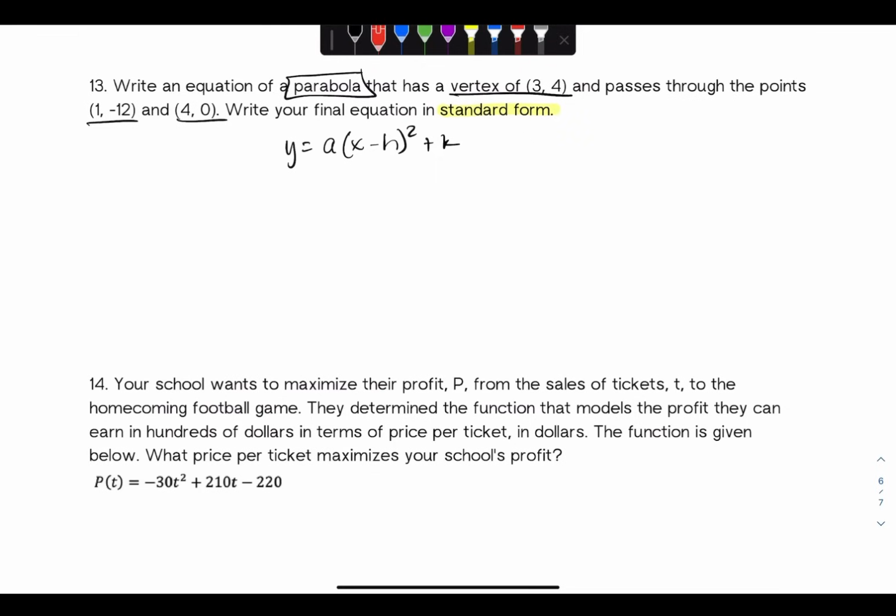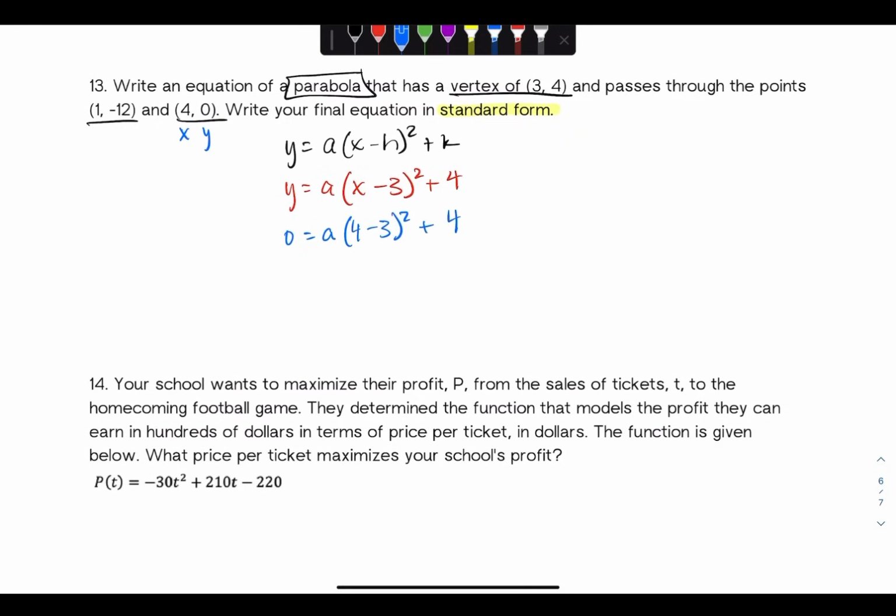So we have y equals, we don't know a, but we have (x minus 3) squared, because that's my vertex, plus 4. Then I can take either of those two points and substitute them in for x and y. I'm going to take (4, 0) and plug it in. So y is 0, I have a times (4 minus 3) squared plus 4.